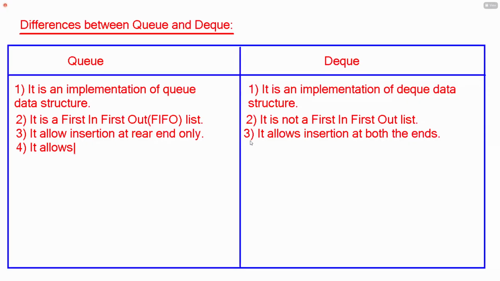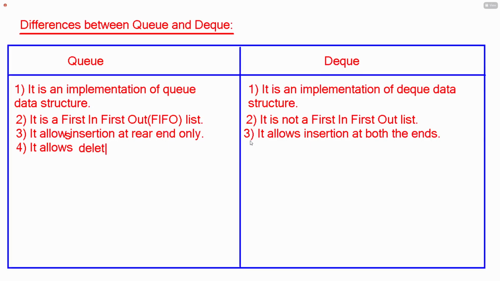Queue allows deletion at the front end only. Deque allows deletion at both ends.